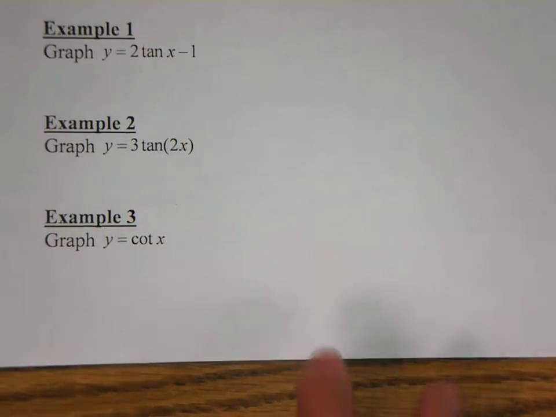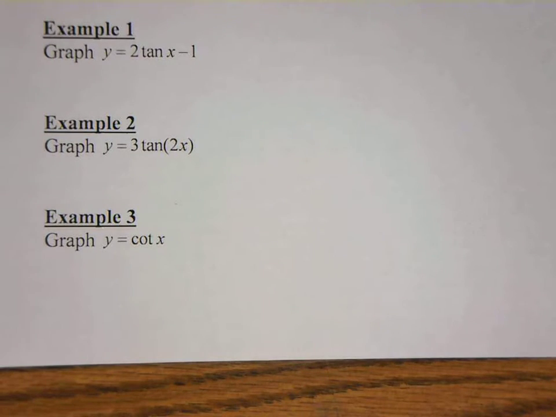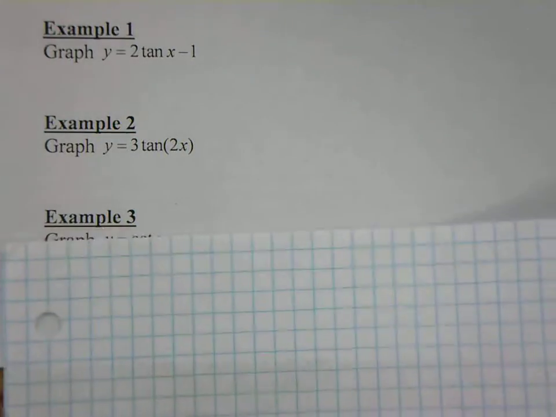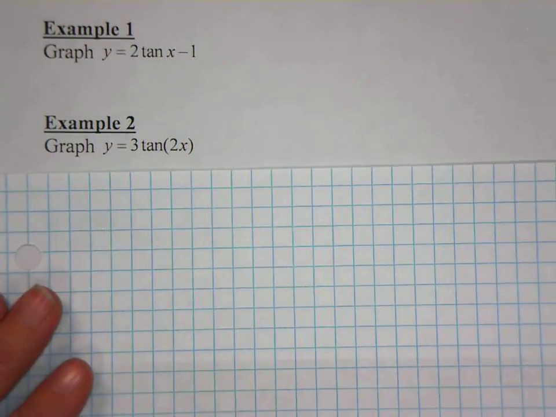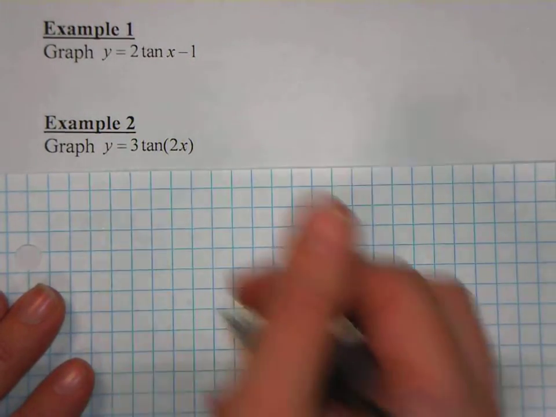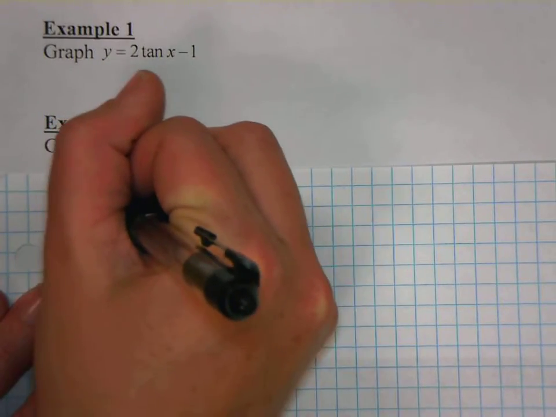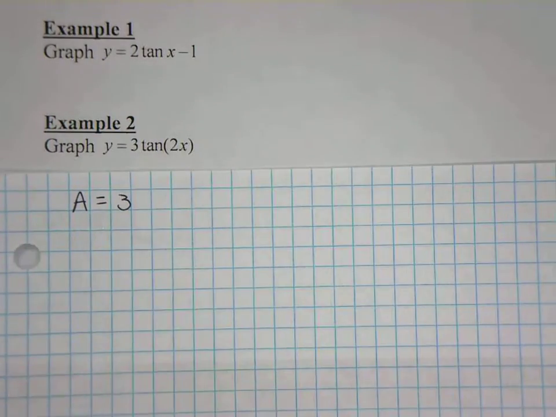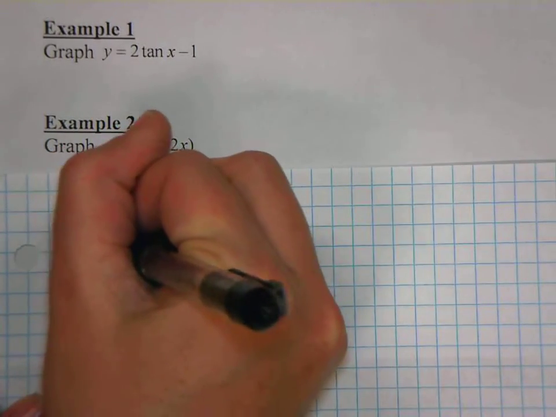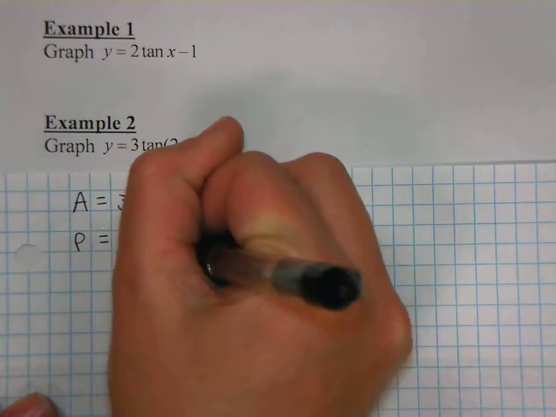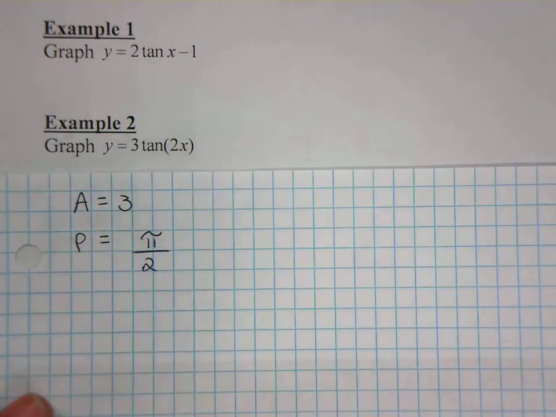Example 2. Again, we're going to see a vertical and then a horizontal stretch or compression as well. So we'll see how that plays out using that little setup that I gave you a few minutes ago. I would go ahead and write down that A is 3, so we'll want to make sure we space out our points accordingly. To find our period, again for tangent, we're always going to start out with pi, and then in this case we'll divide by 2.